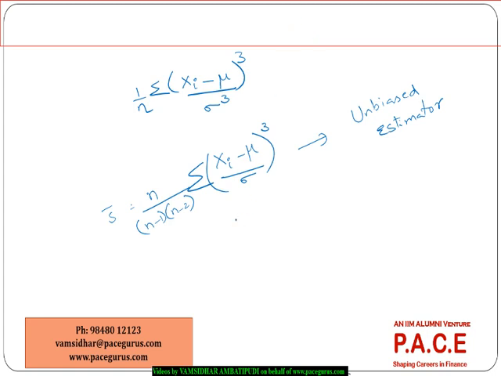Right? So whenever we are talking of the expected value of (x minus mu) cubed, I can very well find the expansion also.